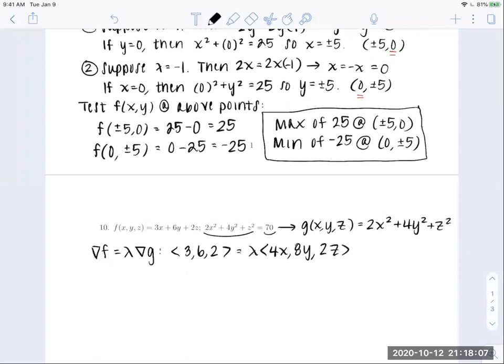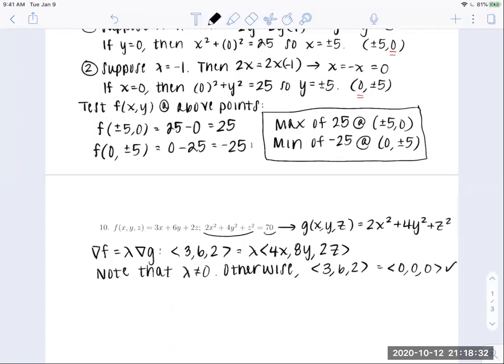Now I want to note something right at this point. Note that lambda cannot equal 0. Otherwise, if lambda was 0, we would have that the vector 3, 6, 2 on the left would equal the zero vector 0, 0, 0.